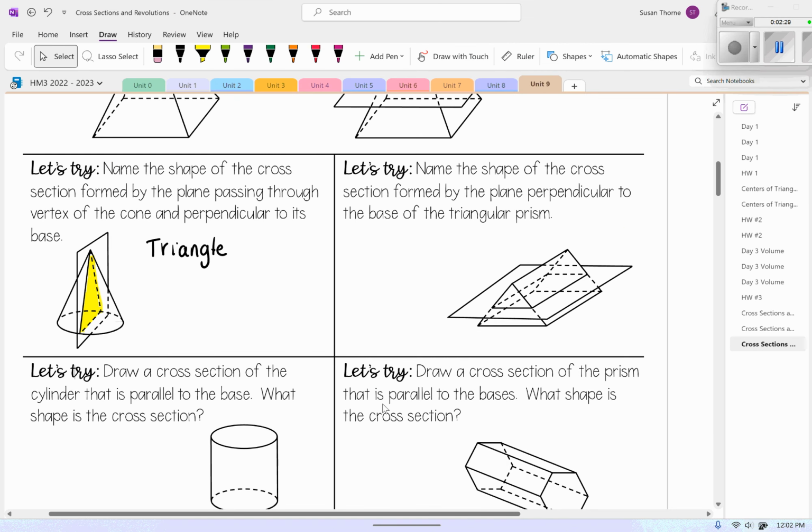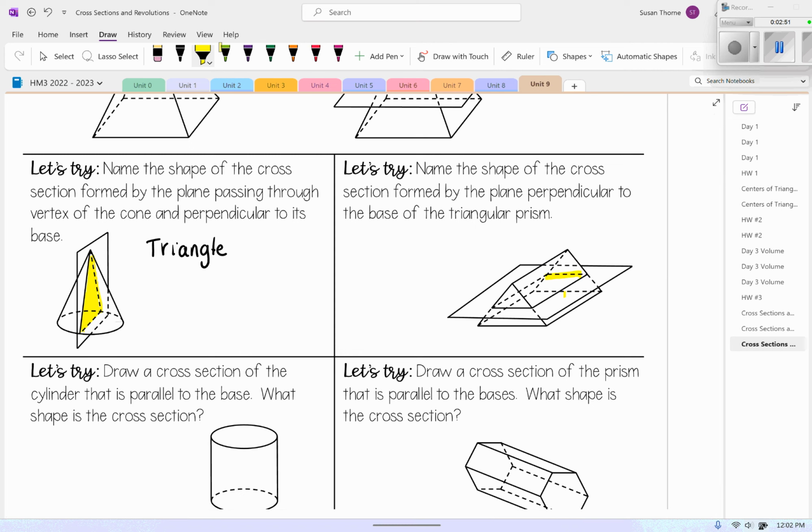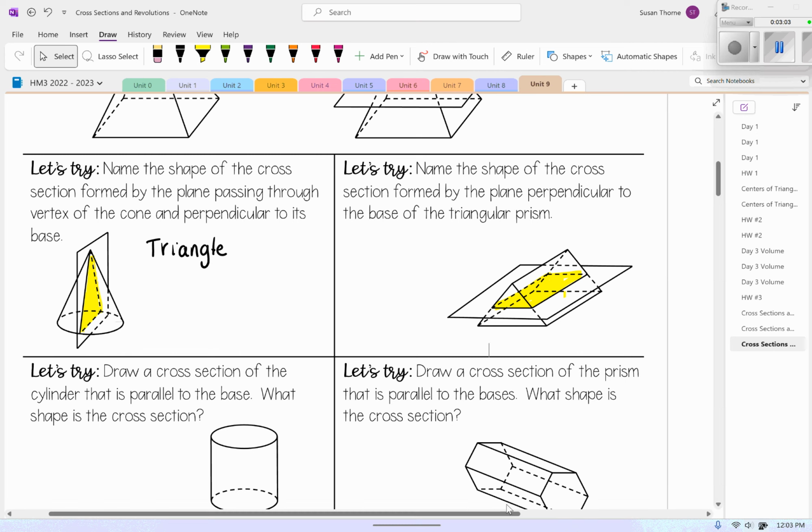So the shape at the bottom part of the side is rectangular. So that gives us this cross section, which is rectangular. But this is a triangular prism, so the base would be the triangle shape. Because that's what you are taking the bottom of and going all the way up the height.